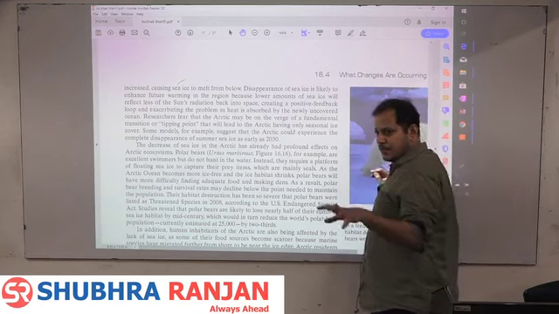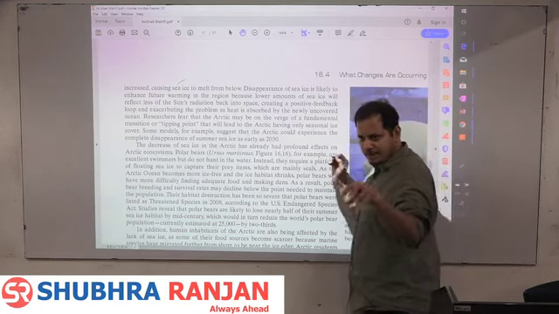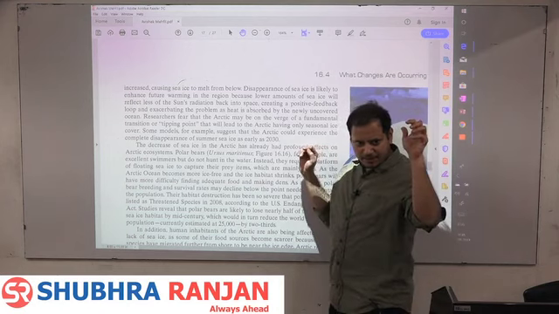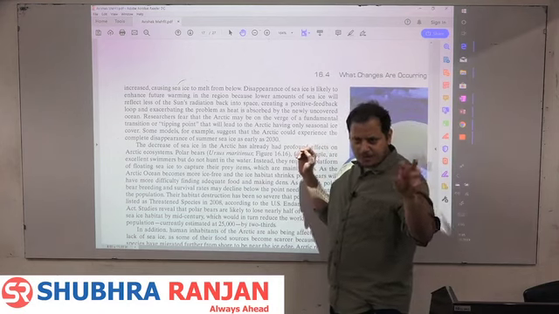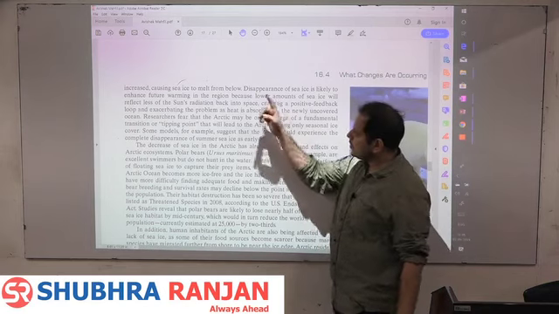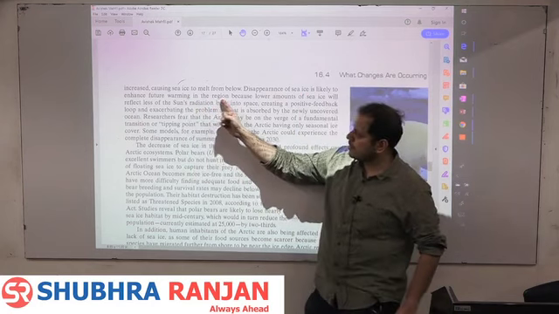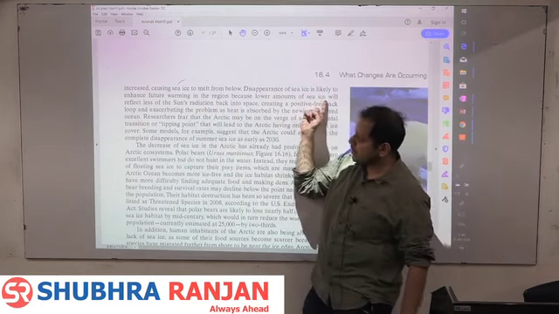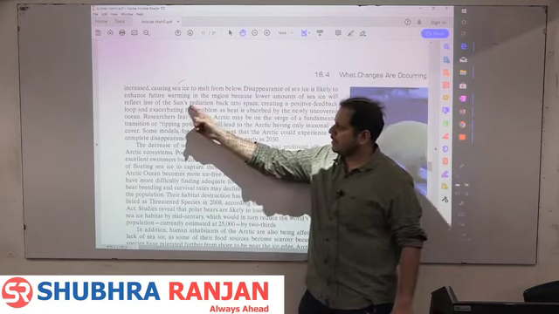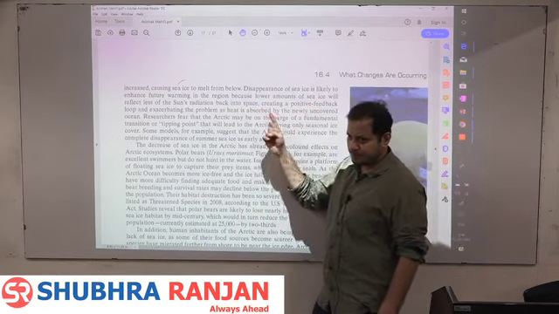Disappearance of ice will affect the albedo, right? Albedo is the amount of sunlight that falls on the earth and is directly reflected. The more the albedo, the less the heating. So disappearance of the sea ice is likely to enhance future warming in the region because lower amounts of sea ice will reflect less of the sun's radiation back to space, creating a positive feedback loop.